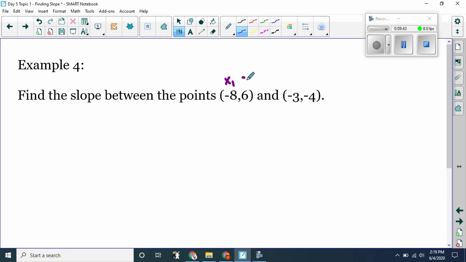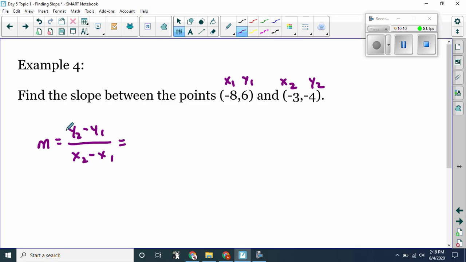Here's x1, y1, x2, y2. Then you write your formula down. M equals y2 minus y sub 1 over x sub 2 minus x sub 1. And then we plug in things where they belong.